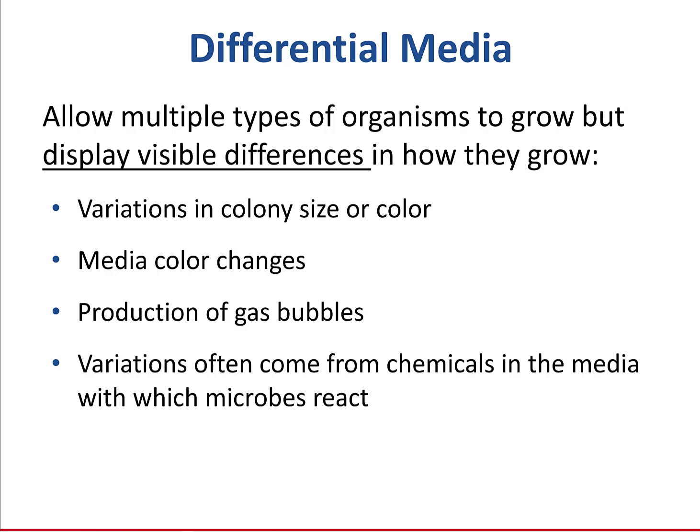Or it produces a gas. In other words, it breaks down the sugar and starts creating all these gases. It's unabashful. It doesn't say excuse me or anything, but it does produce a gas when it starts to break down certain sugars, and this gas bubbles. Variations often come from chemicals in the media with which the microbes react.